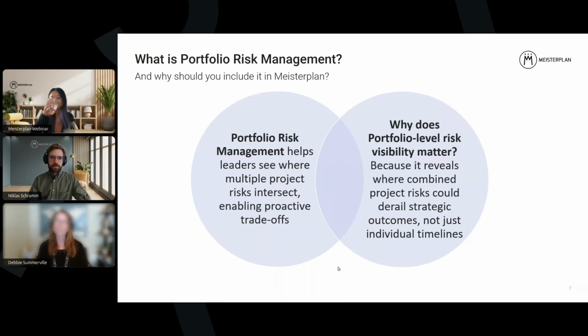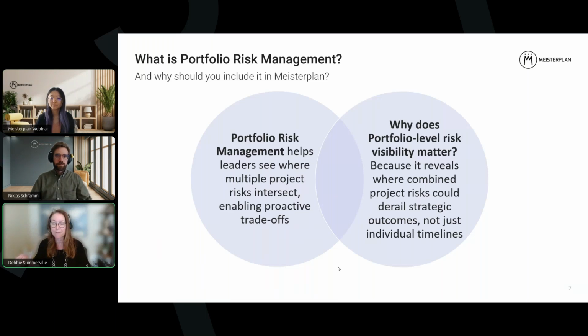Why do that in Meisterplan? Why include it? Because there's a difference here on the role that you're taking at a portfolio level. While project managers can manage their risks equally well in Excel, what happens is you don't get to see it at a portfolio level and how multiple projects with different risks affecting the strategy you're trying to get, that value you're trying to get out of your portfolio.